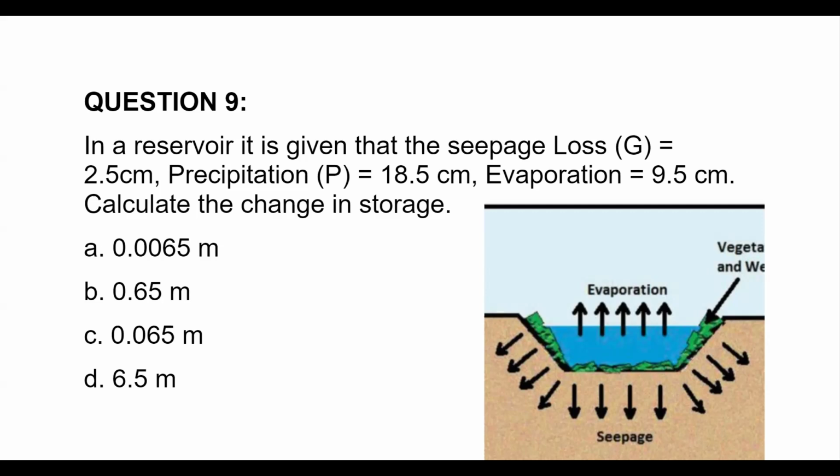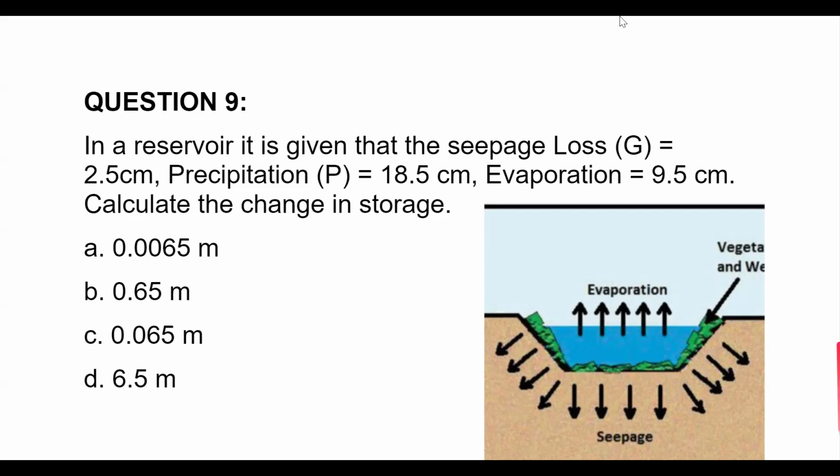Except for D, I got all of the answers, A, B, C. Few of you have given A, few of you B, few of you C. And figuring out the units is the reason why the wrong answers are coming in.